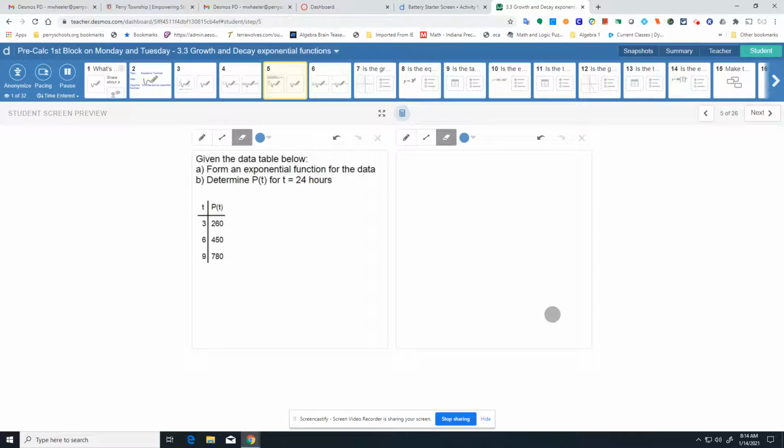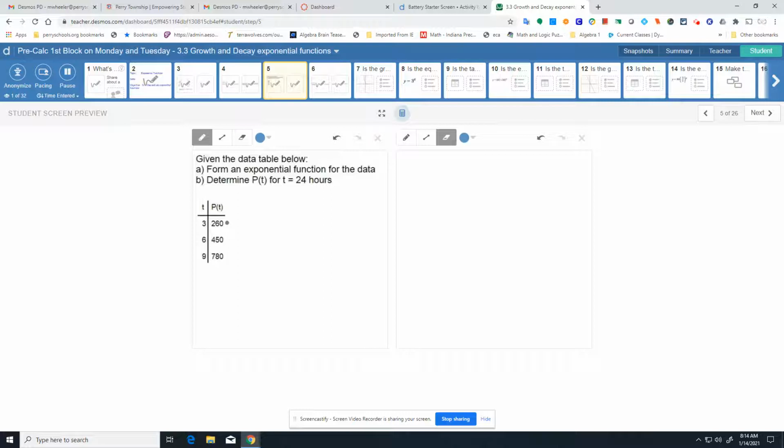So let's go ahead and apply that. And I'll tell you right now, this is probably going to be the most difficult problem on the notes. Because what I noticed, first of all, is they don't give me a y-intercept or a starting point. So we'll have to figure that out. They tell us that it's exponential, and we're going to have to come up with a function. Well, I look at the data, 260, 450, 780, and it's hard to see a pattern there. It really is.